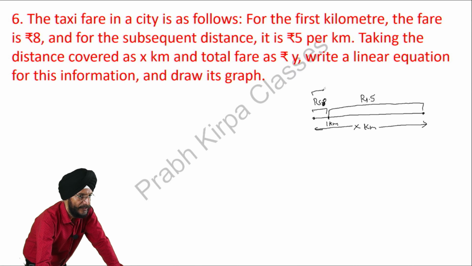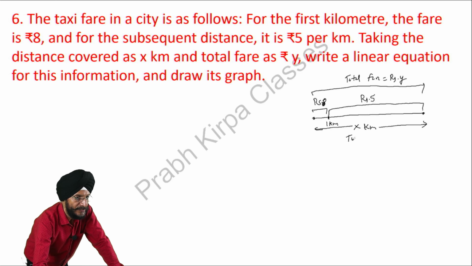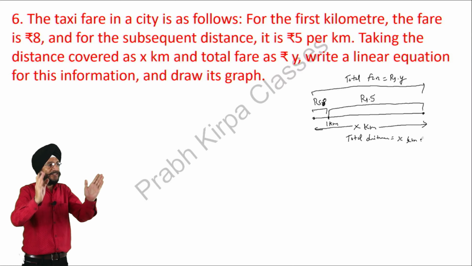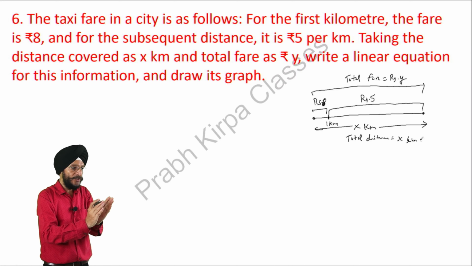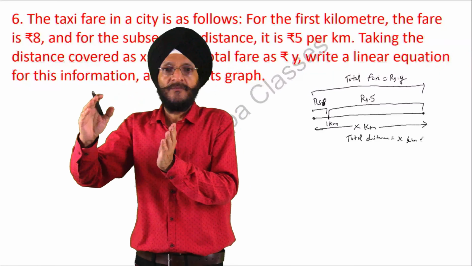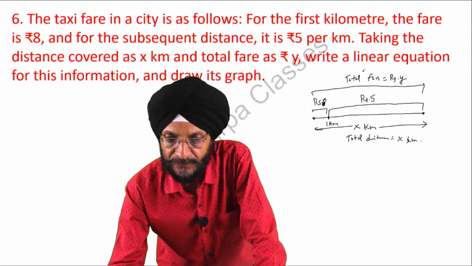It is also given that the total fare is rupees y, and the total distance is x kilometer. For the first kilometer, the fare is 8, and after that, whatever distance is covered, the rate charged is rupees 5 per kilometer.